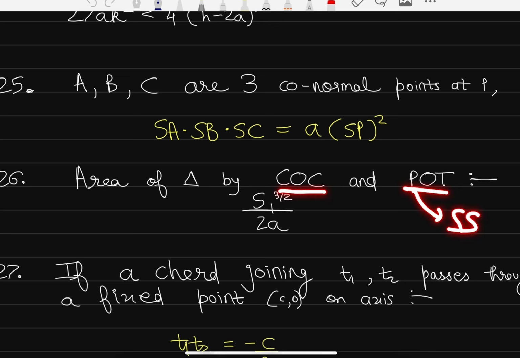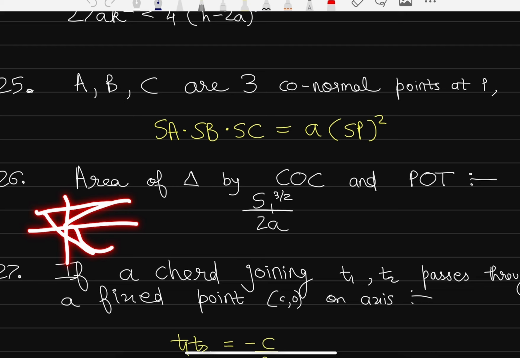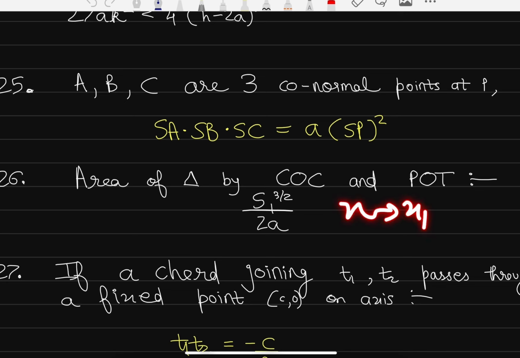The pair of tangents is S S1 equals T squared, so this is the pair of tangents and this is the chord of contact. The area is S1 to the power 3 by 2 upon 2a, and for S1 just replace x by x1 and y by y1 in the equation of the conic.